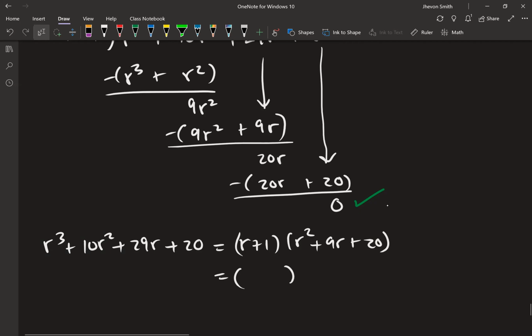And then I can see if that factors further. I think 4 and 5 would work. So this is r plus 1, r plus 5, r plus 4.